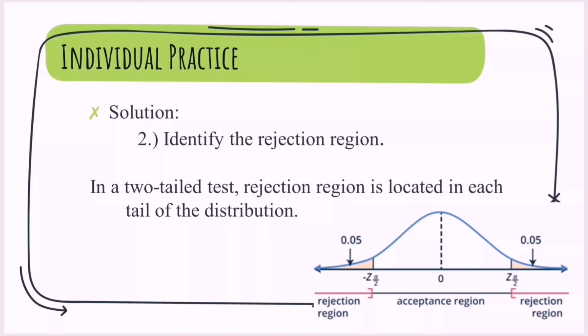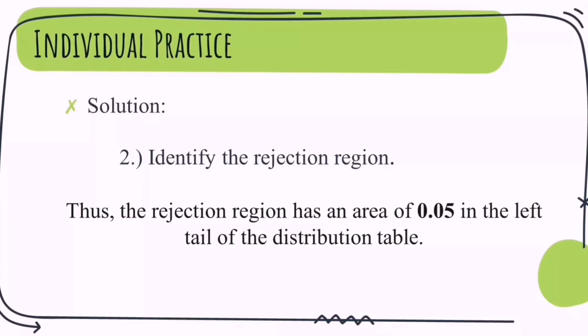The left is where negative infinity is placed, while the right is where positive infinity is located. So simply distribute 0.05 on each side. We finally figured out that the rejection region has an area of 0.05 in each tail of the distribution.